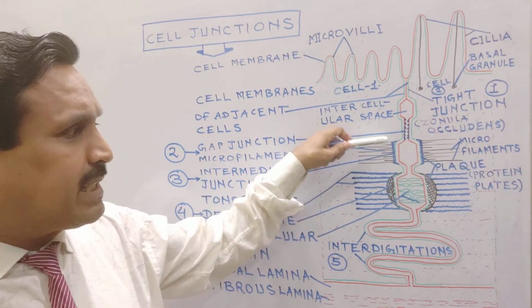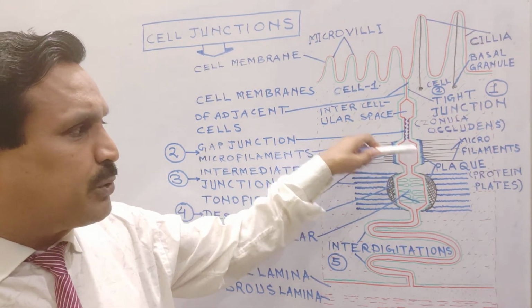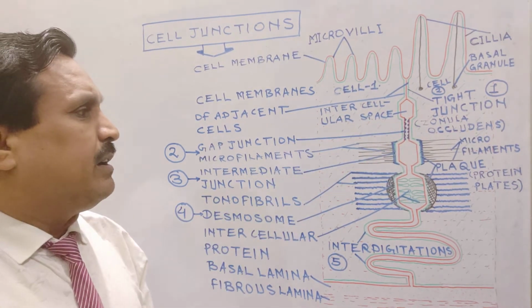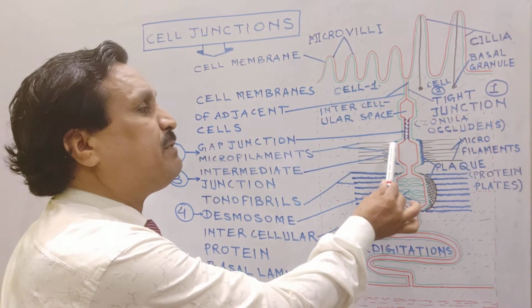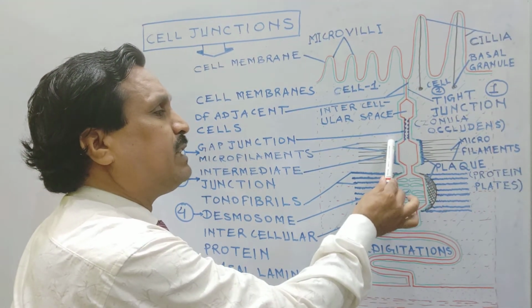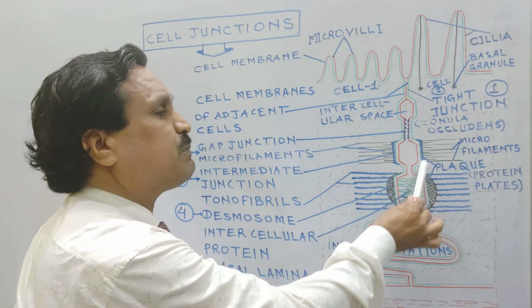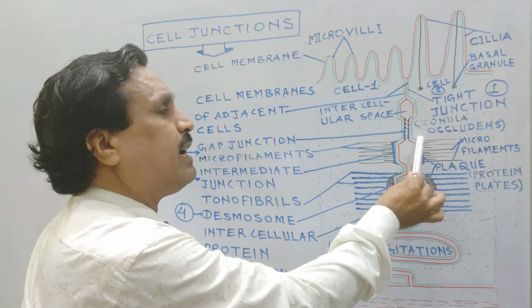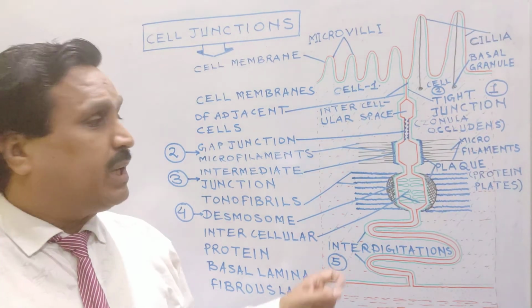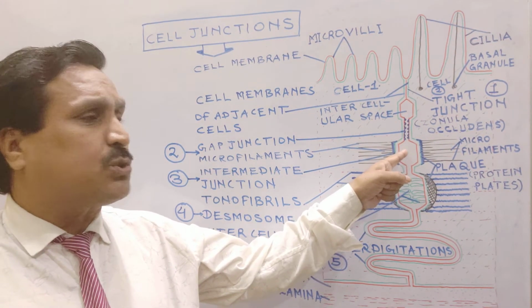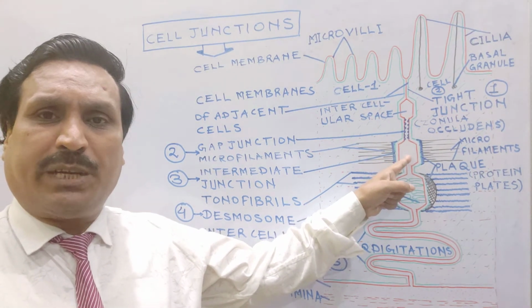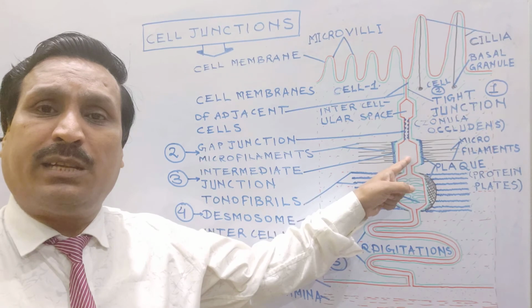This plate of protein is present as if a belt. That is why intermediate junction is also known as belt desmosome.